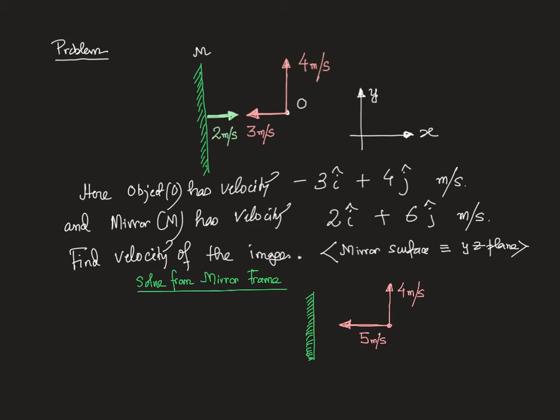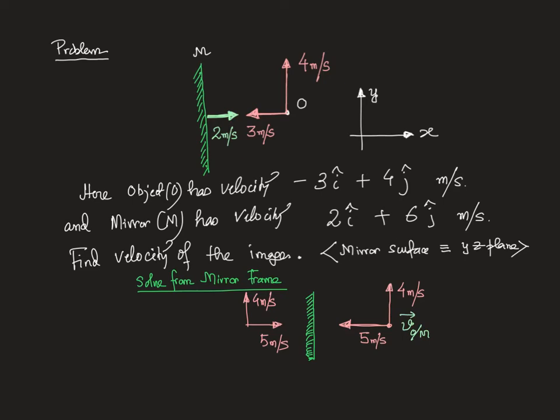Now this is the same for the image, only this component is reversed, 5 meter per second, and this remains the same, 4 meter per second.